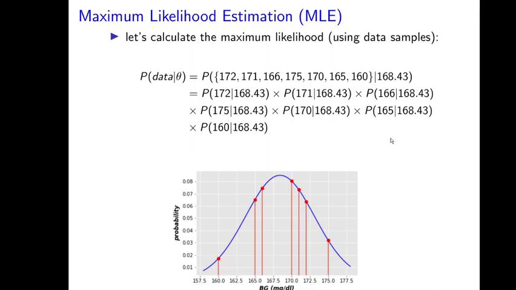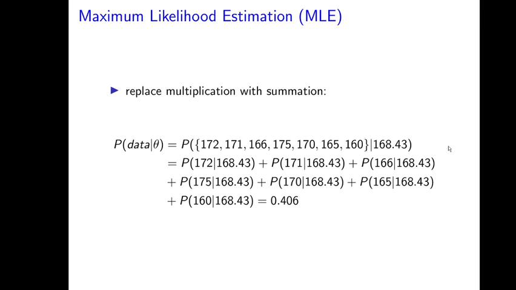In order to get over this problem, we will replace the multiplication sign with the summation sign. And of course, this will not change anything in our estimation process, because the goal is not to have a certain value of likelihood, but the goal is to maximize the likelihood. It doesn't matter at which scale we are calculating these likelihoods.